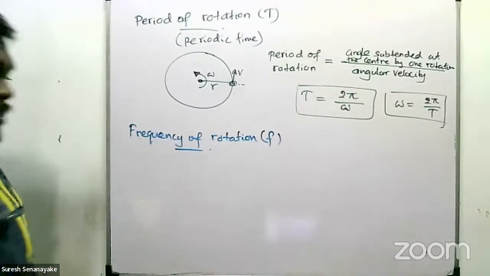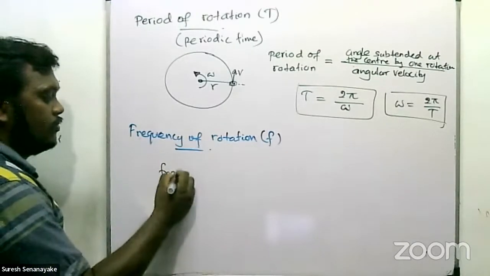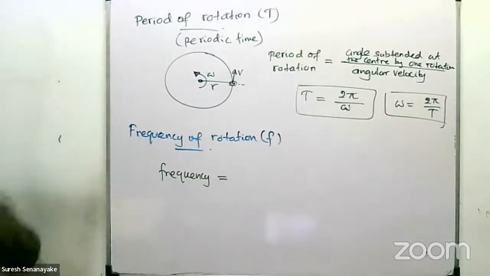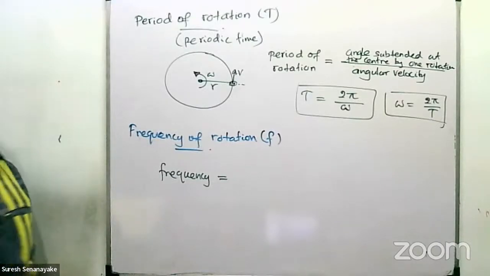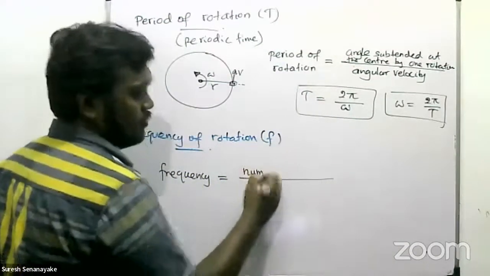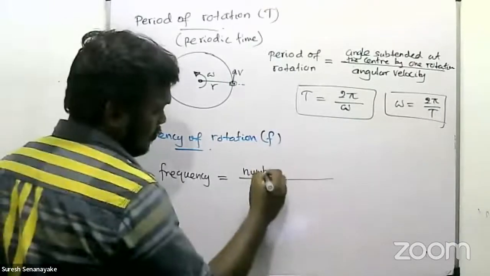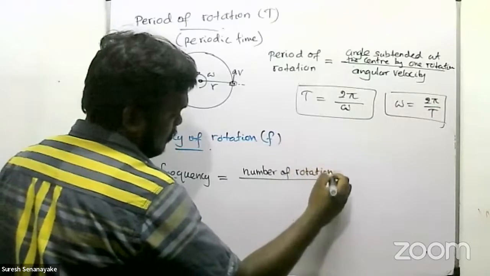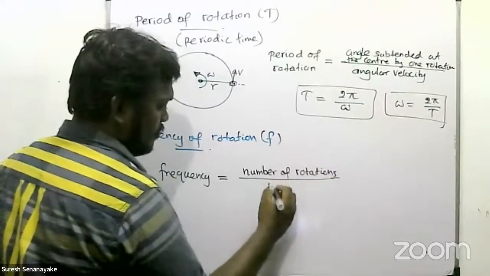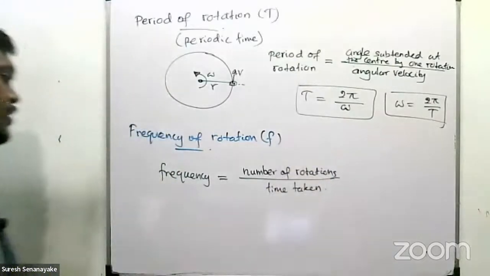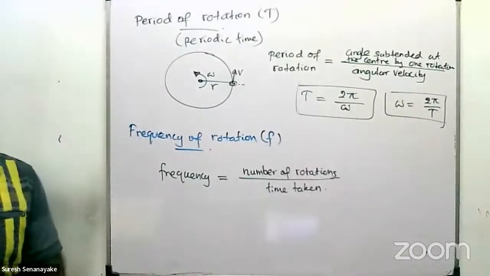The number of rotations executed in 1 second is called the frequency of rotation. That is the number of rotations divided by the time taken.